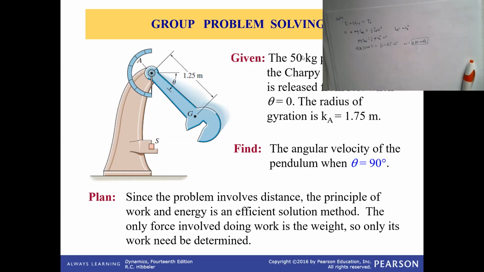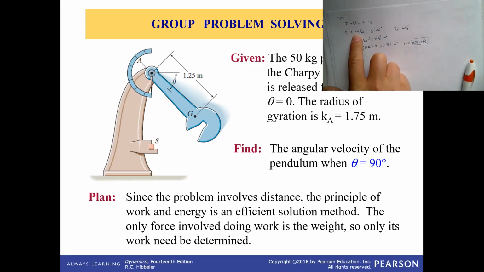All right, so let's take a look at the solution here together. We'll apply again the principle of work and energy, okay? So T1 plus U12 from 1 to 2 equals T2. Initially, it's released from rest, so T1 is equal to 0.